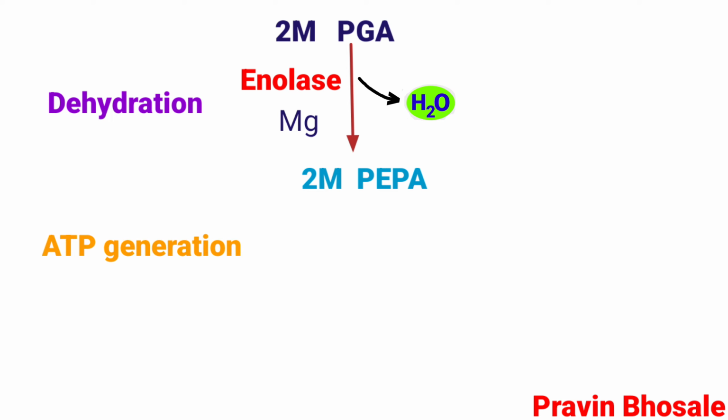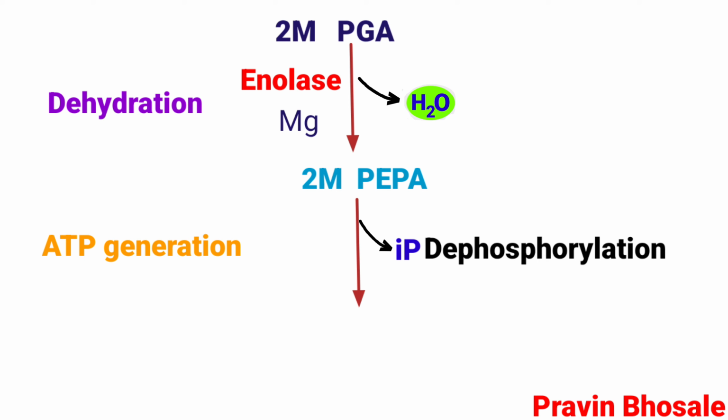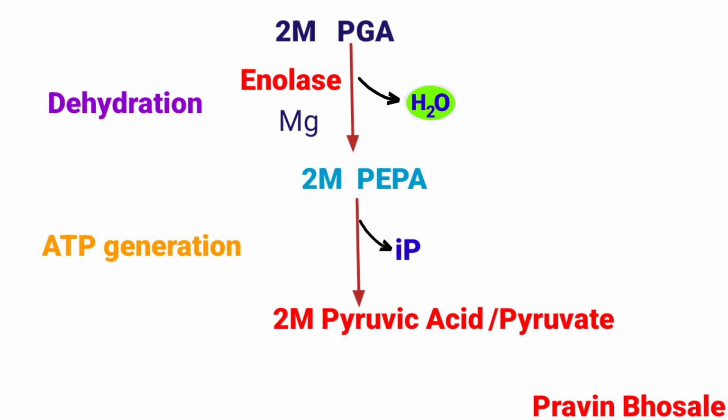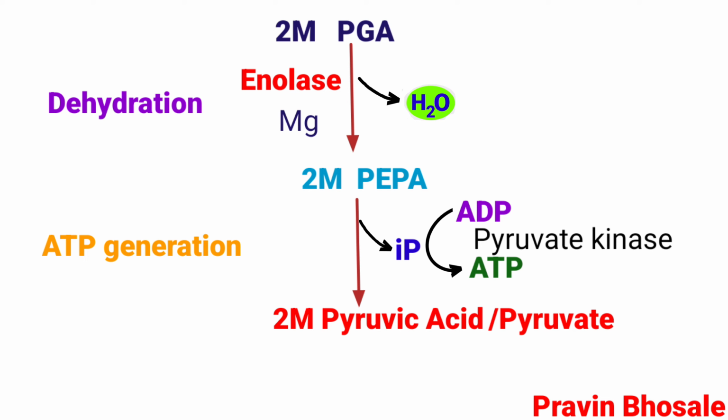ATP generation: on hydrolysis, phosphoenol pyruvic acid loses a phosphate group, that is dephosphorylation, and gives pyruvic acid or pyruvate. The released phosphate group combines with ADP and ATP generation takes place in the presence of the enzyme pyruvate kinase.